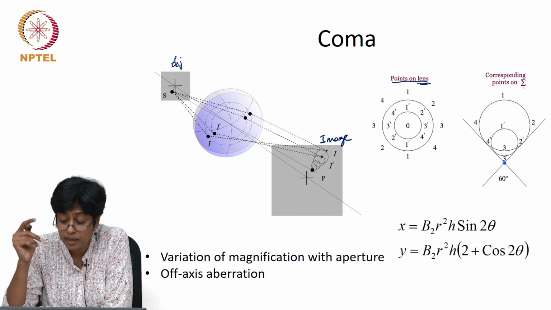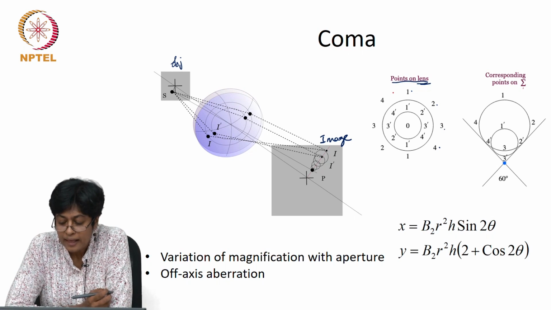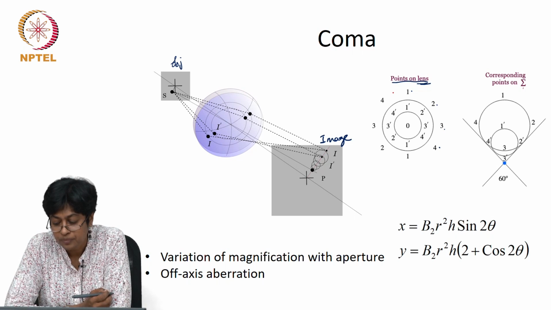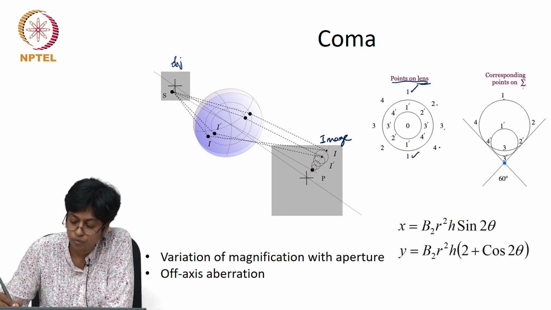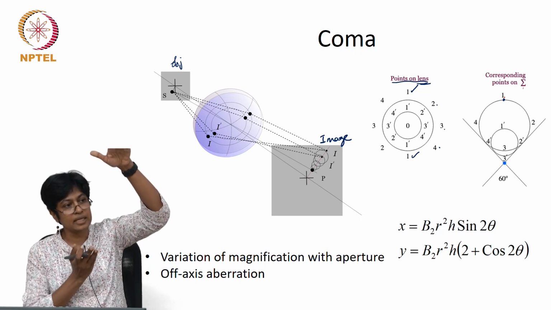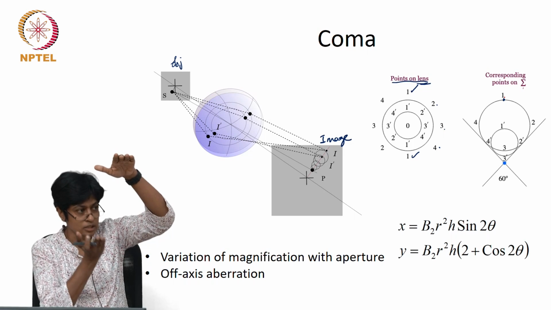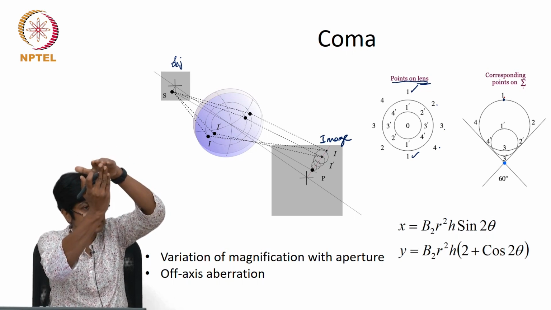You have 1, 2, 3, 4 and that repeats. In the image plane, this ray 1 and this ray 1 both focus at this point here. So the ray that hit the top of the lens and the ray that hit the same distance below the optical axis both image the same point.